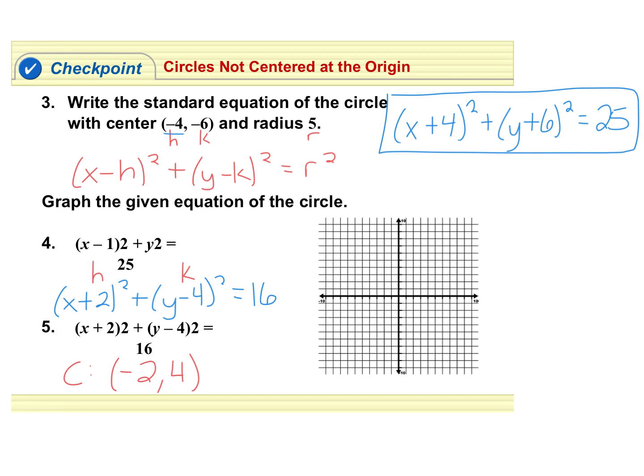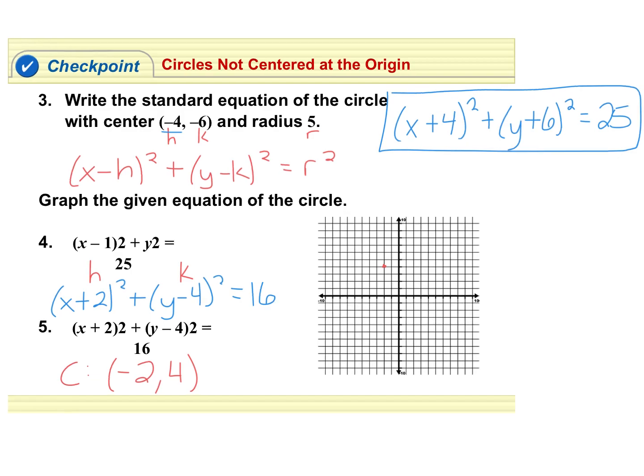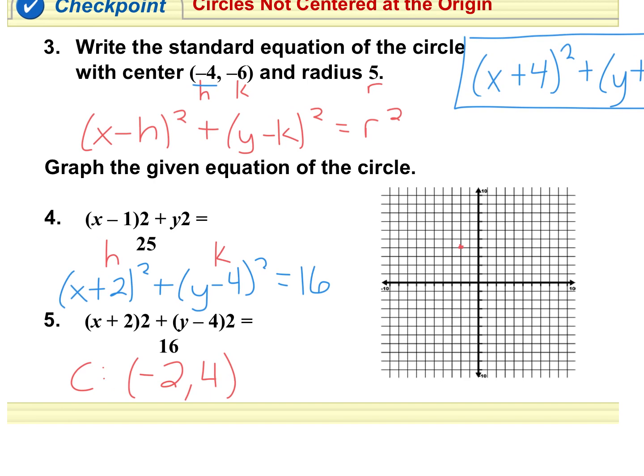Go graph your center. We'll go left 2, then up 4. And then what's the last part we need to find to draw a circle? The radius. The square root of 16 is 4. I need to take the square root of the right side to get our radius. So how do I use that to draw my circle?